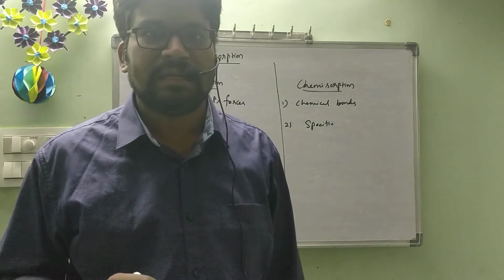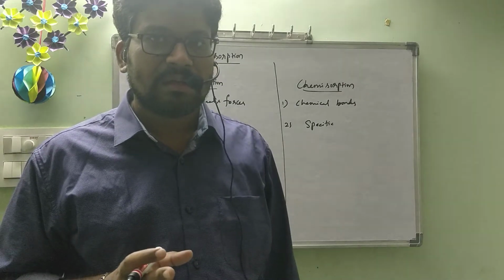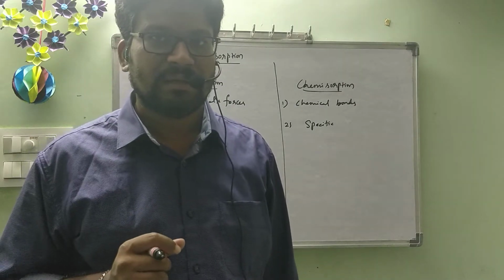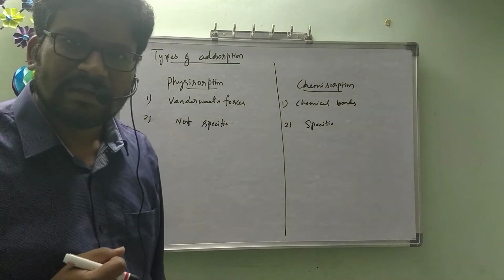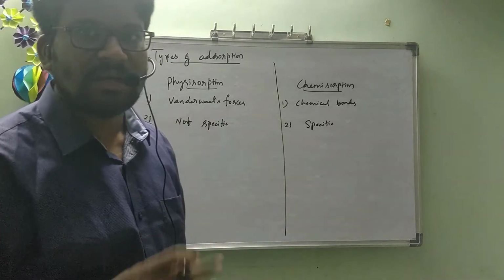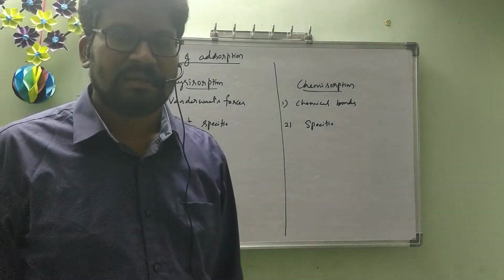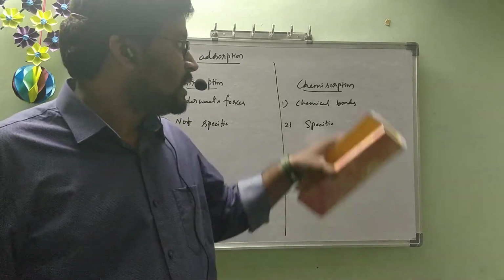There is no specificity. That is physisorption, because of van der Waals forces only. Van der Waals forces will be present between any gas and any solid. That's why it has no specific nature. Any gas can be adsorbed onto any solid. But here, chemisorption.